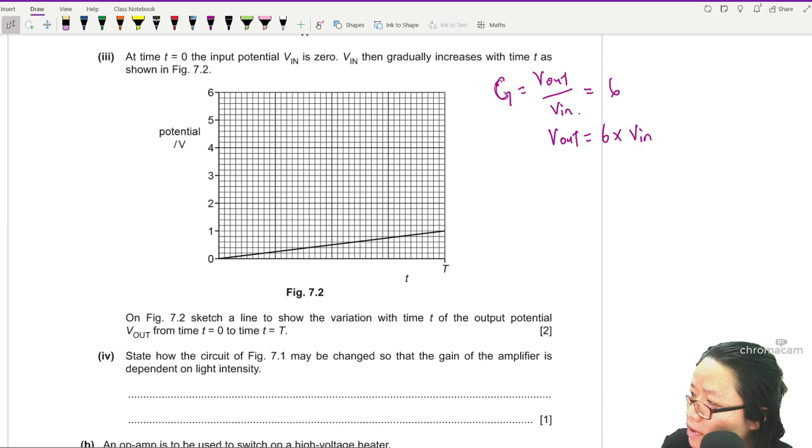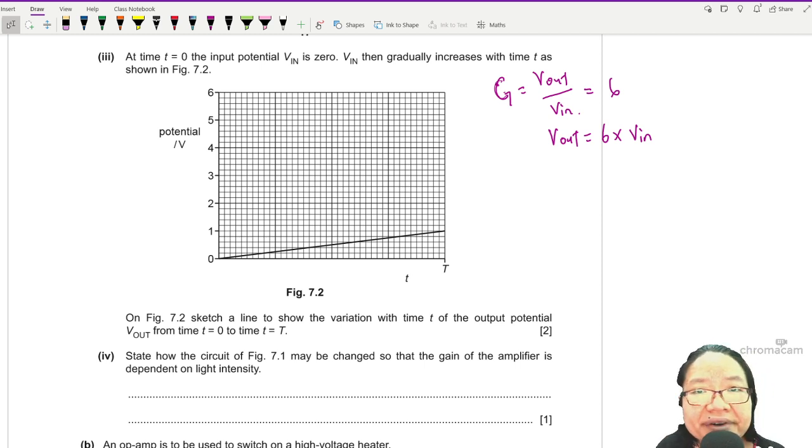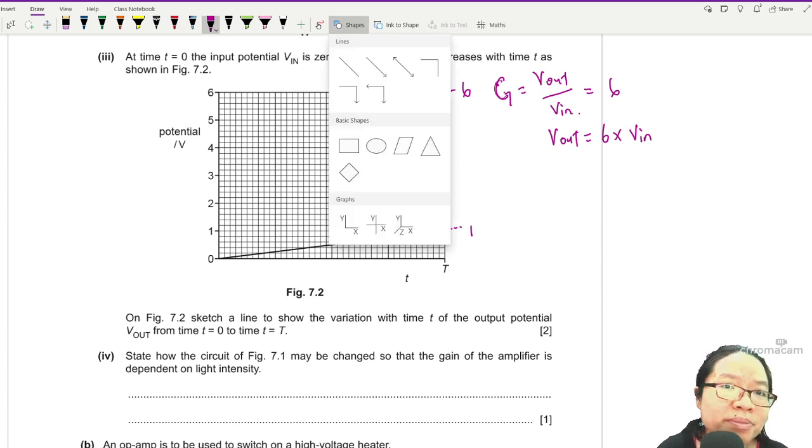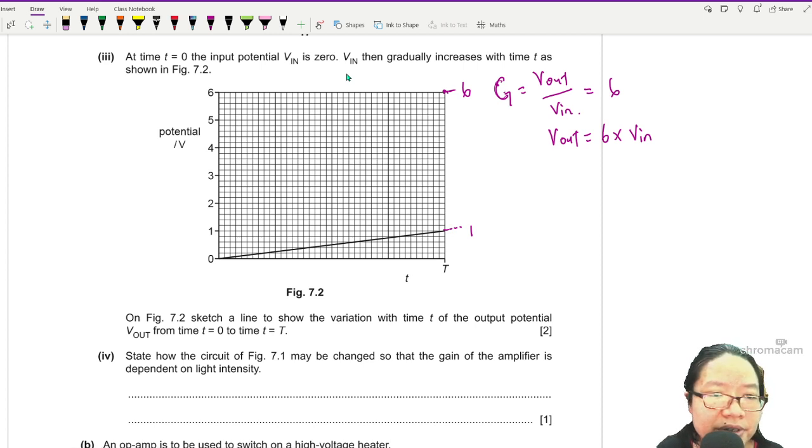So if I multiply my input by 6, I basically will make the line higher right here. Because this reading here is 1, and then this one would be 6. 1 times 6 is 6. Basic arithmetic. Okay, so let me draw that line for you first. I'm going to expect to get a line like this.